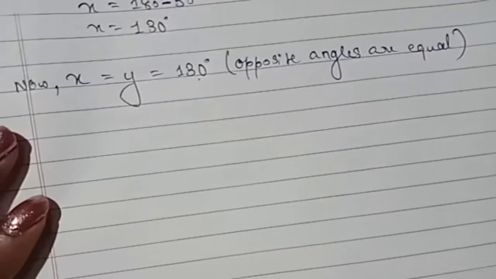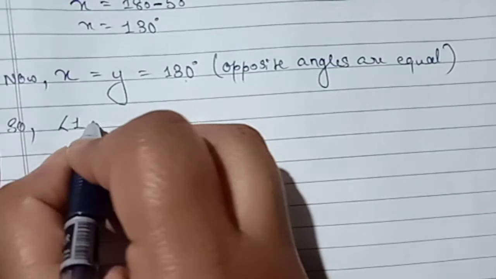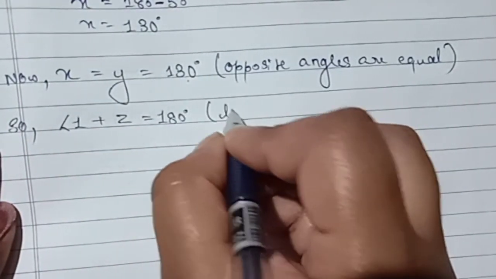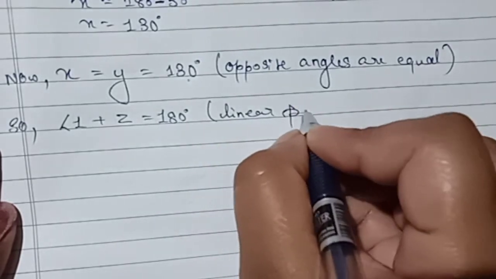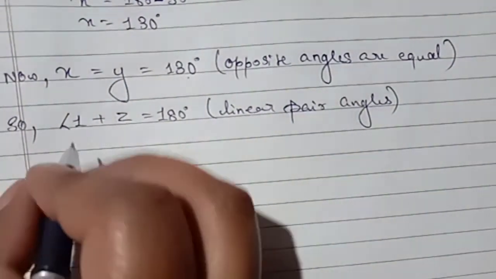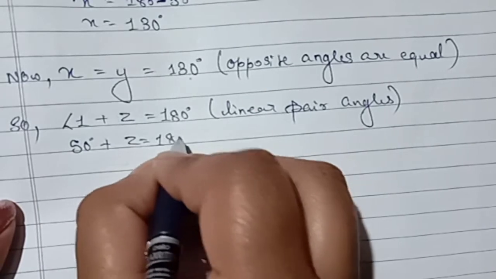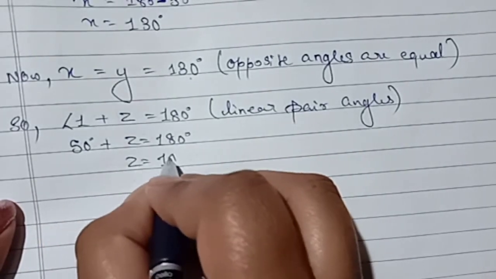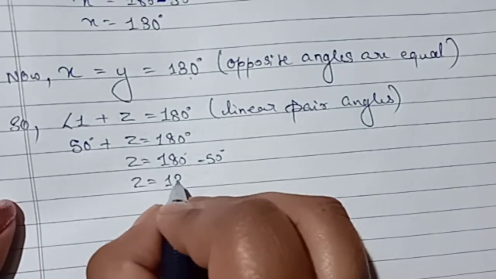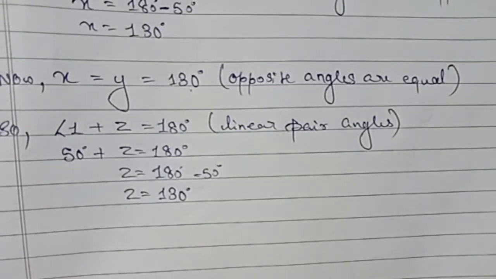So angle 1 plus z is equal to 180 degree, linear pair angles. 50 degree plus z is equal to 180 degree. Z is equal to 180 degree minus 50 degree. Z is equal to 130 degree.